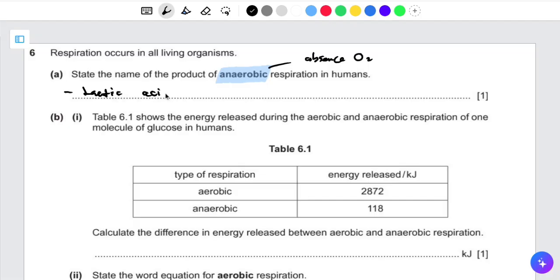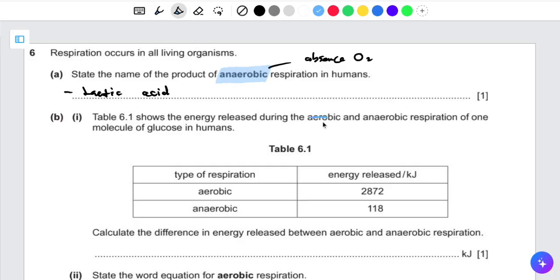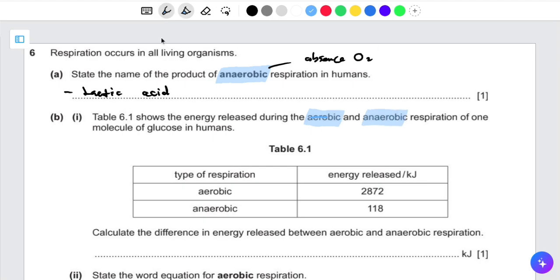That's the answer. Then for question B, Roman numeral 1, table 6.1 shows the energy released during aerobic respiration. So in this question, we are talking about aerobic respiration as well as the anaerobic respiration of one molecule of glucose in humans.